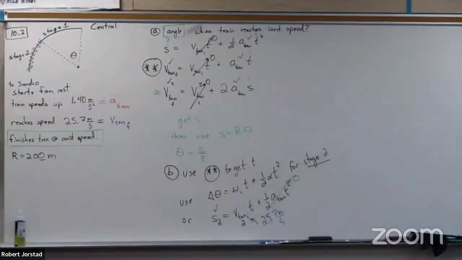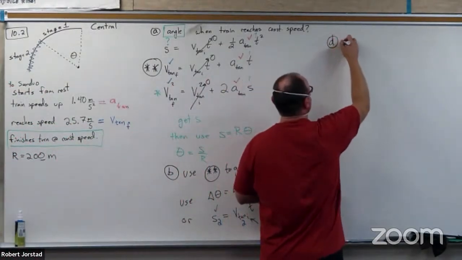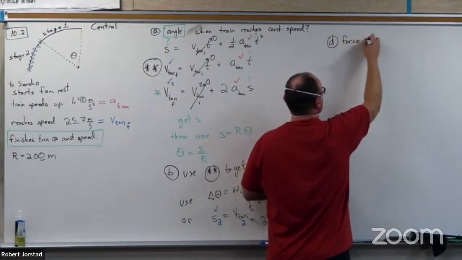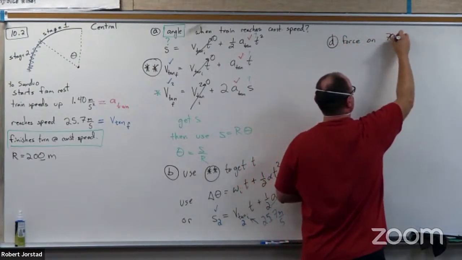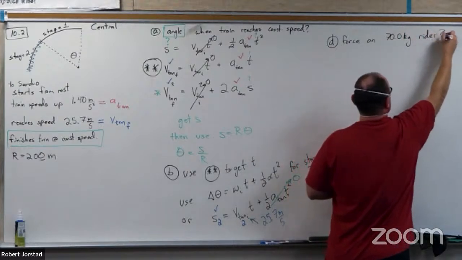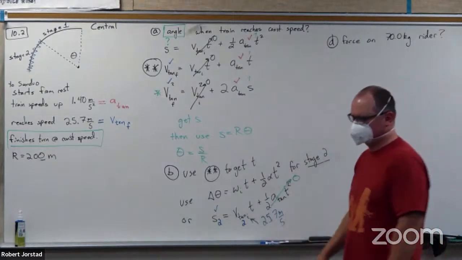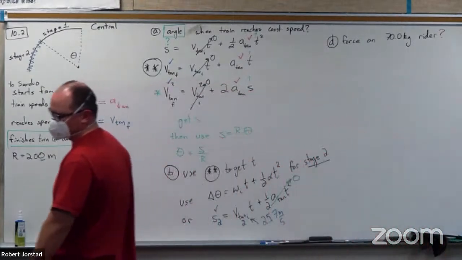D says force on a rider. If you want to get the force on somebody riding the train, how would you figure that out?